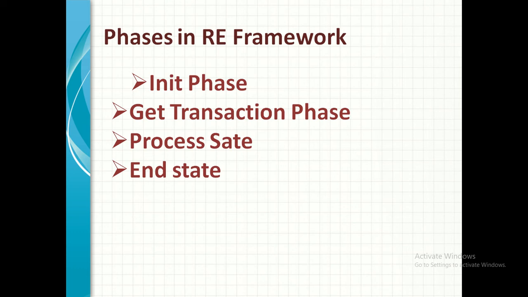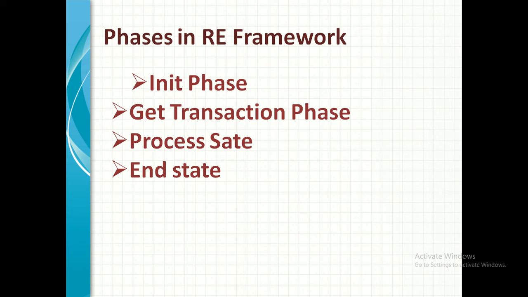Get transaction phase is a phase or a state where we are getting the data. From where we are getting the data, we will discuss once we go to hands-on, right? Process state means we are processing the information or the data, and end state is where we are stopping or halting it. These are the four main phases of RE framework.